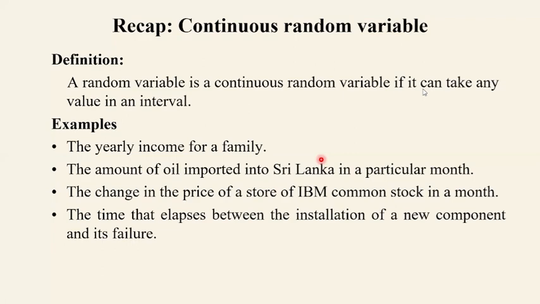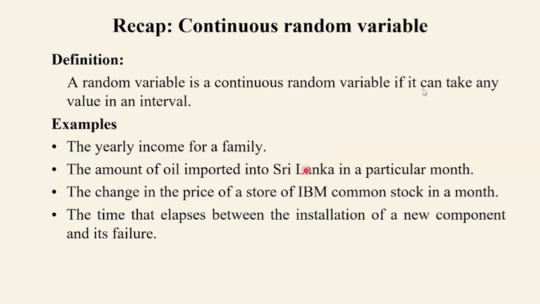Within that interval, each and every value is possible. So there are an infinite number of possible values for a continuous random variable, right? And also, usually for the continuous random variable, we take the values by measuring, right? But in the discrete random variable, we take the values by counting, right?